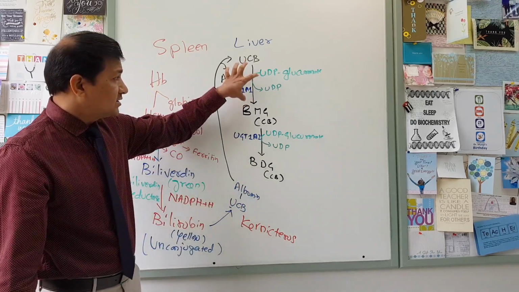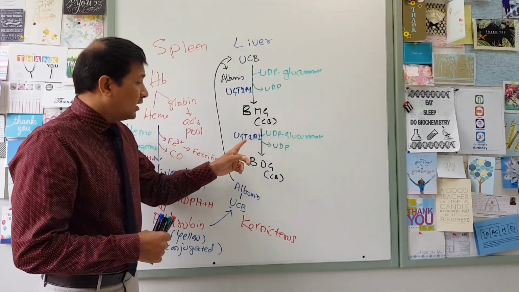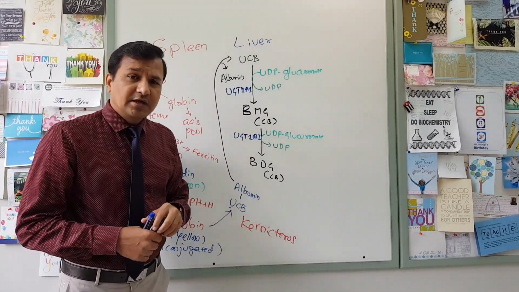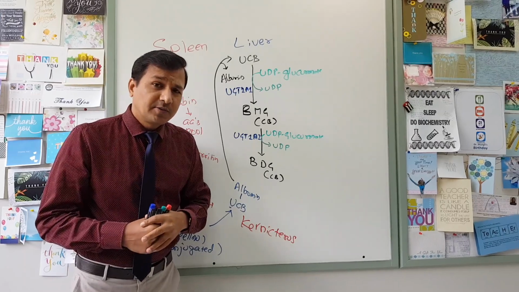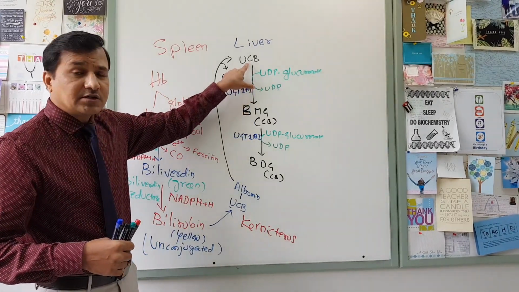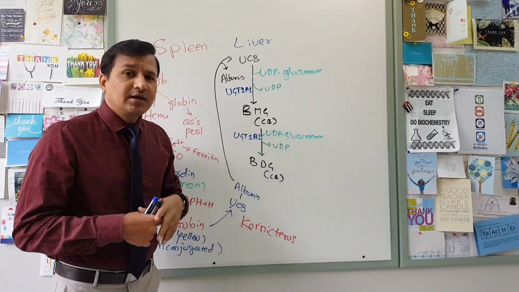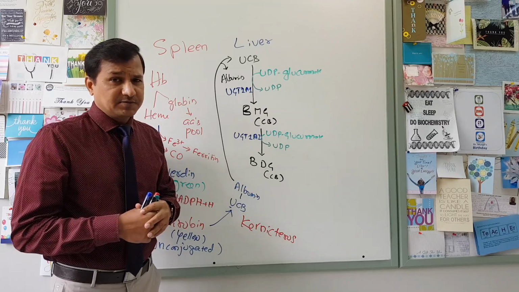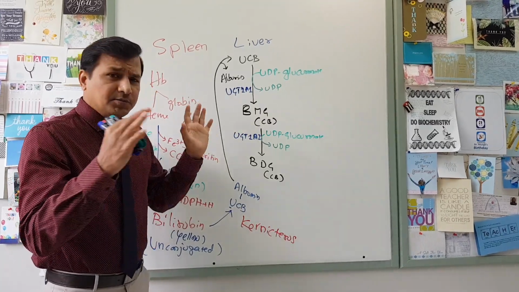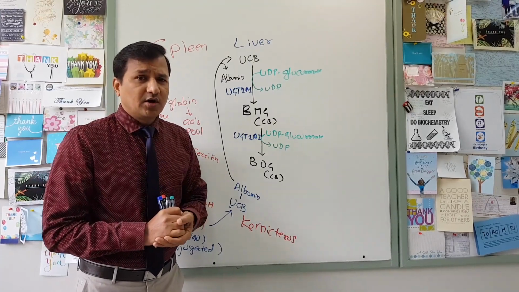So, complete absence of UGT1A1 is Crigler-Najjar syndrome type 1, and partial deficiency gives rise to Crigler-Najjar syndrome type 2. Because of these enzyme deficiencies, there will be elevation of predominantly unconjugated bilirubin in the blood, giving rise to signs and symptoms. I'll come to those disorders later, so probably I will make a separate video on those disorders.